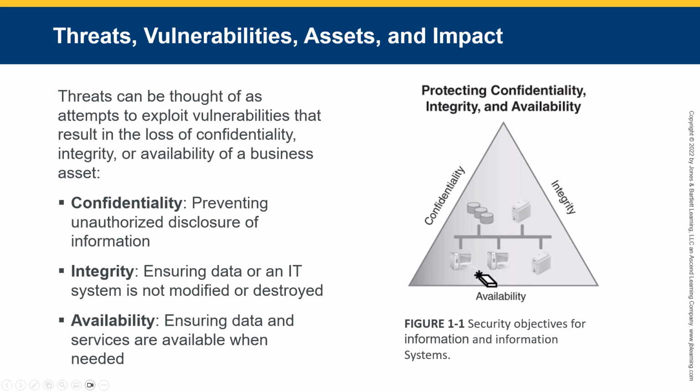So again, when we're looking at our CIA, confidentiality is basically ensuring and preventing unauthorized disclosure of that data, whatever's being protected. Integrity is about making sure the data is not modified in transit, storage, or process. Availability is ensuring that data is available when authorized users actually need it.